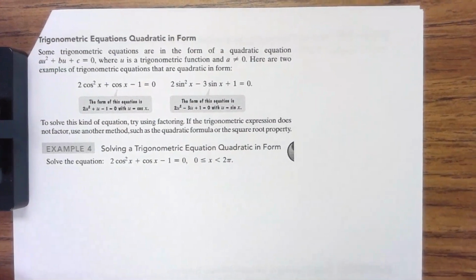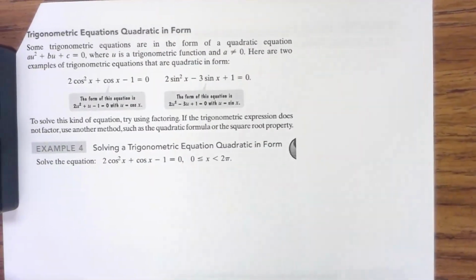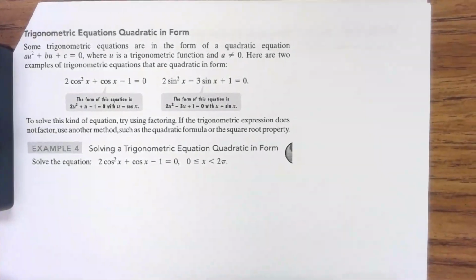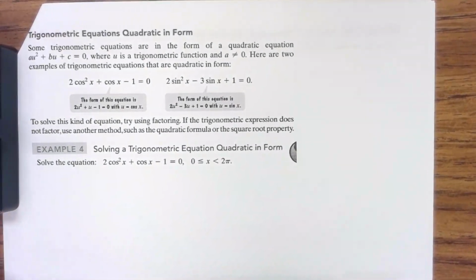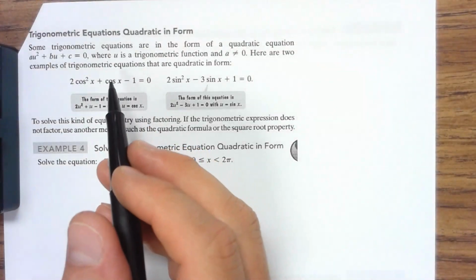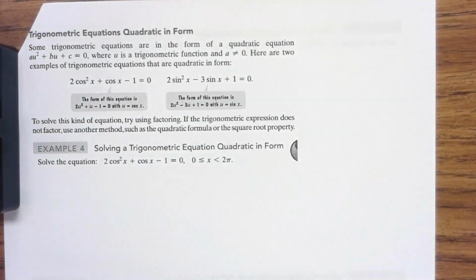And the last set of trig problems we're going to solve are going to be in quadratic form. So we're going to actually have to do some factoring today as well. We're going to use a method called U substitution. This actually ends up being used quite a bit when you get to calculus.